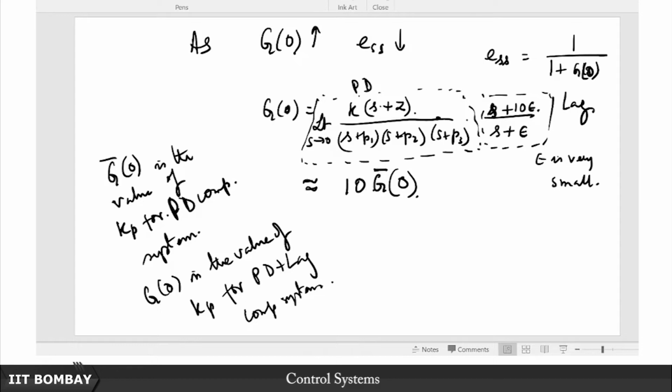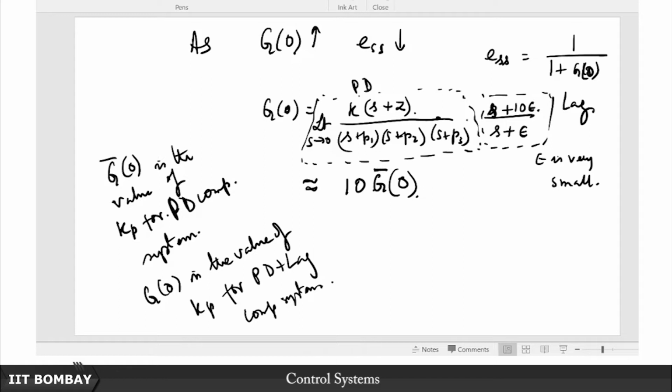So although we analyzed the effect of adding a pole at the origin and saw that it completely eliminates the steady state error, even if you are not placing your pole exactly at the origin, but placing a pole-zero pair very close to the origin, it has a similar effect of decreasing the steady state error.